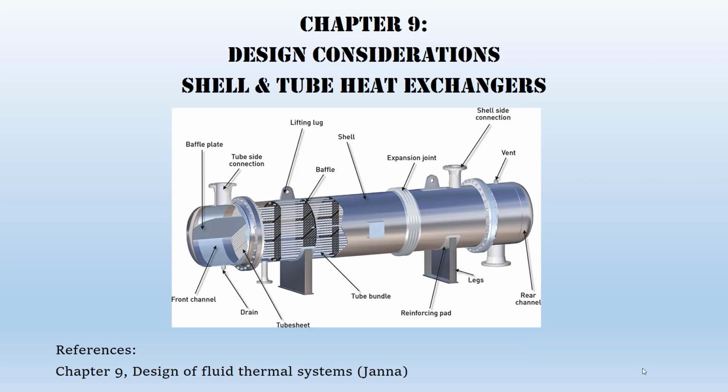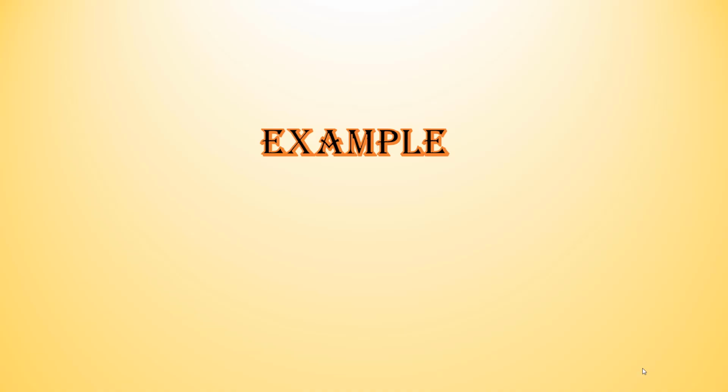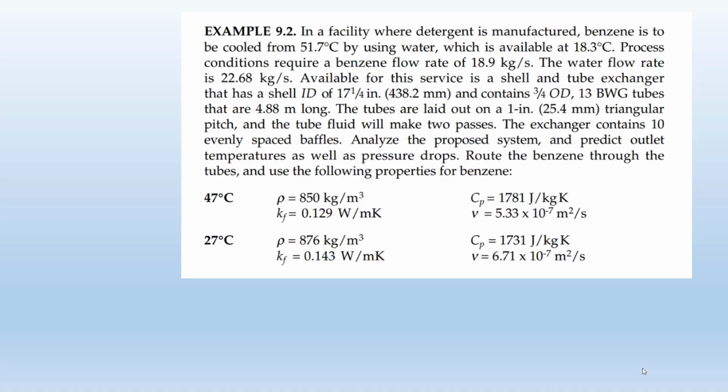So we already discussed the design considerations for shell and tube heat exchangers in my previous lecture. So in this example, we have benzene. This is a hot fluid with a known inlet temperature of 51.7 centigrade, and then we use water as a cold fluid, with an inlet temperature of 18.3.